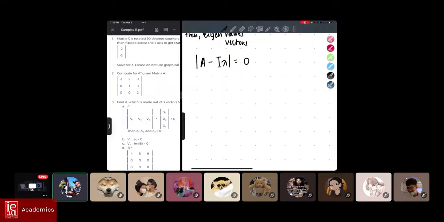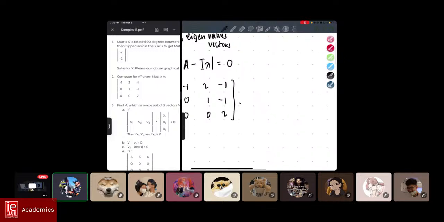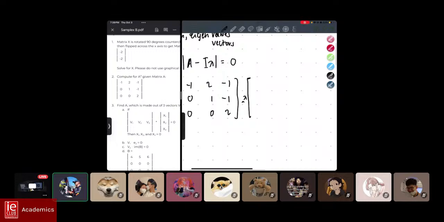Now we just copy our matrix A: negative 1, 2, negative 1, 0, 1, negative 1, 0, 0, 2, and then minus lambda times 1, 0, 0. Oh, sorry. Equals 0.